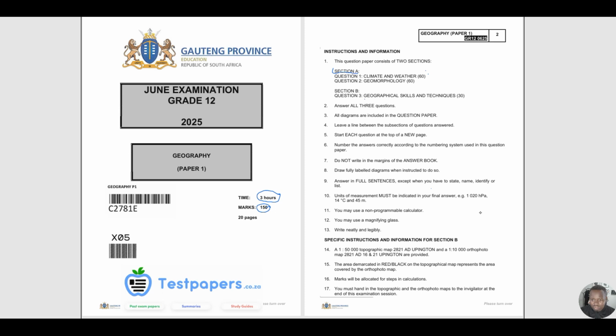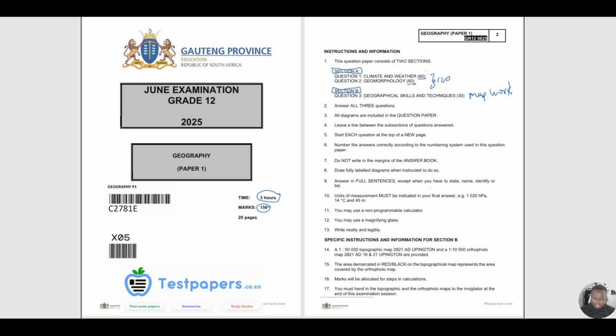We have 2 sections, 3 questions: Section A and also Section B. In Section A, there are 2 questions, question 1 and question 2. Climate and weather, which is climatology, 60 marks. Geomorphology, also 60 marks, which makes 120. Then the last part is map work, which is 30 marks.